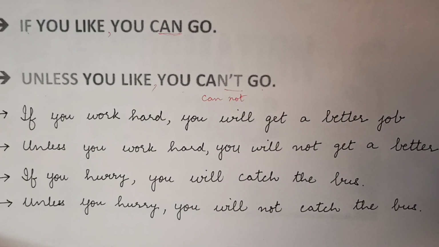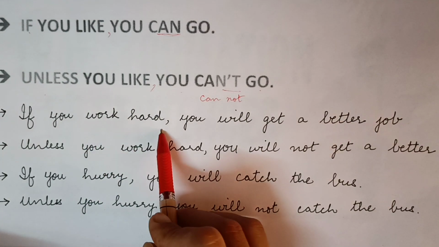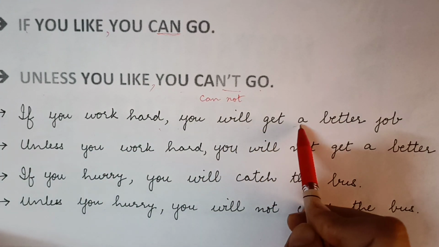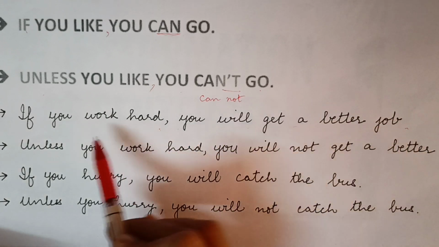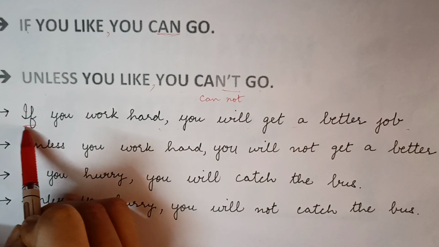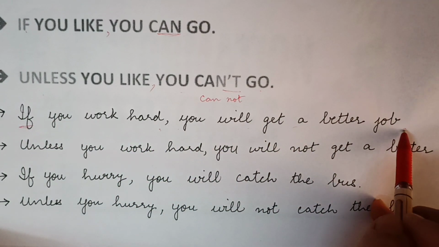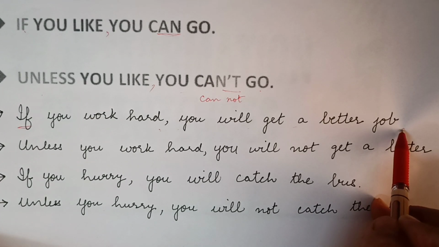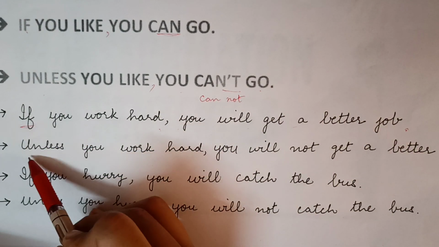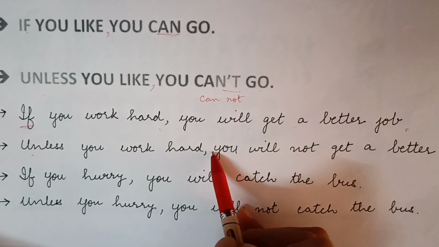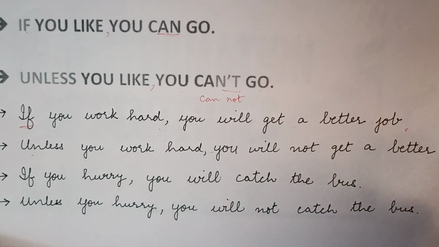Let's take another example. If you work hard, you will get a better job. See, in this statement, we have if, but there's no negative in the statement. So how will you interchange this? Instead of if, you will write: unless you work hard, you will not get a better job.